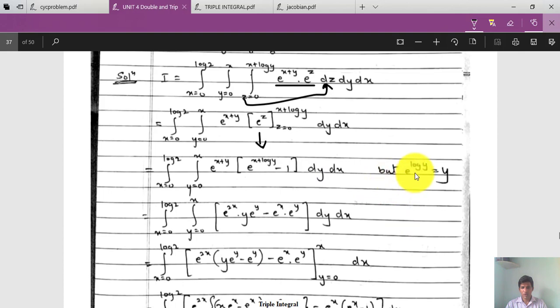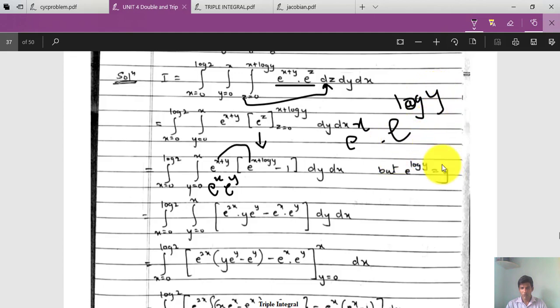Also we know that e raised to log y is equal to y, because here the base is e, and by property I can write it as y. Then I take e raised to x and e raised to log y, and when I multiply this, I can write it as e raised to x into e raised to log y.